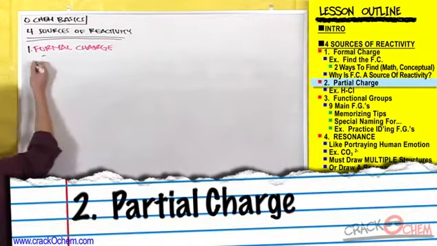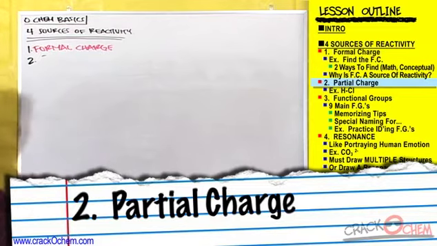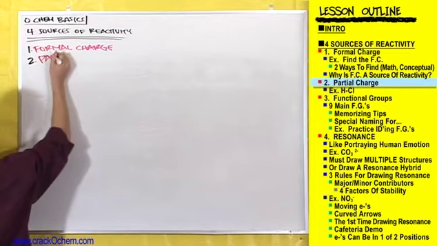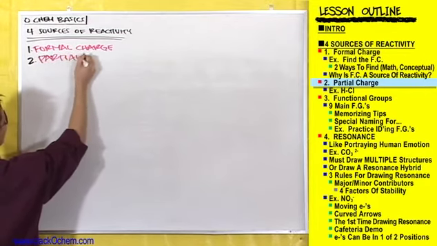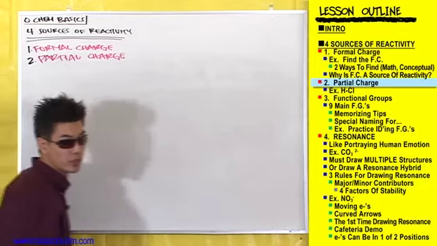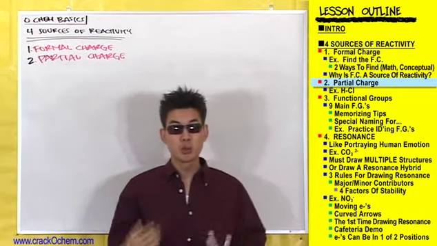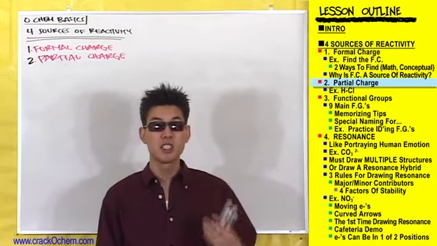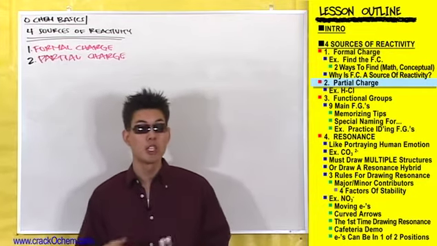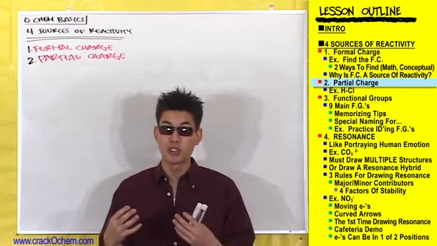Okay, so the second source of reactivity, I'm going to call this partial charge. And really there's not too much to explain conceptually here because it's a similar concept to formal charge. Except with formal charge we were talking about full positive and full negative charges.